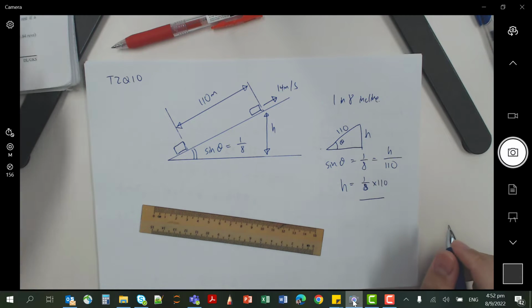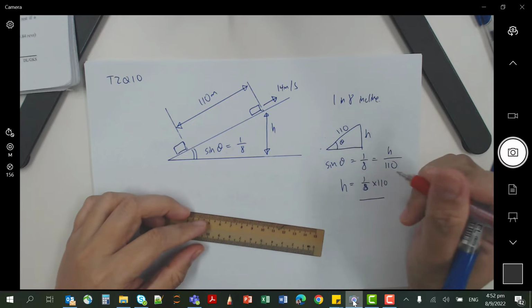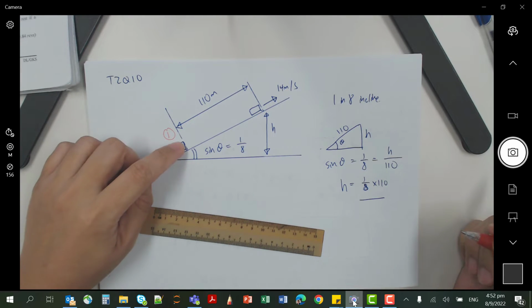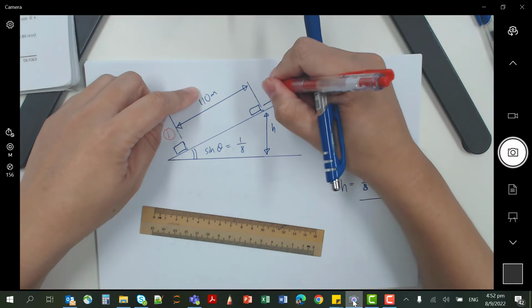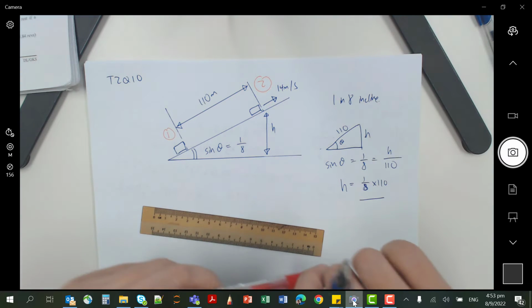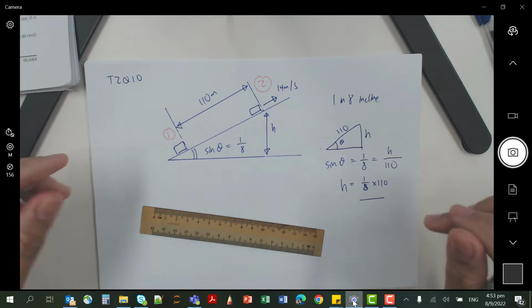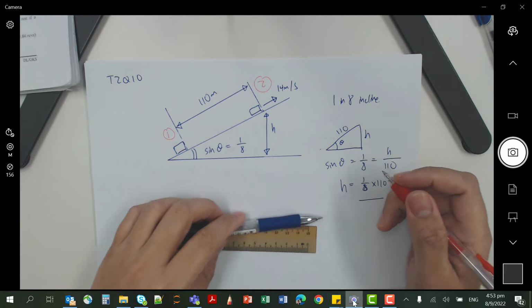Then we also need to determine the 2 states. Naturally, when it starts, it should be state 1, and as it covers the 110, this will be state 2. The other thing is we need to determine where your 0 potential energy is.